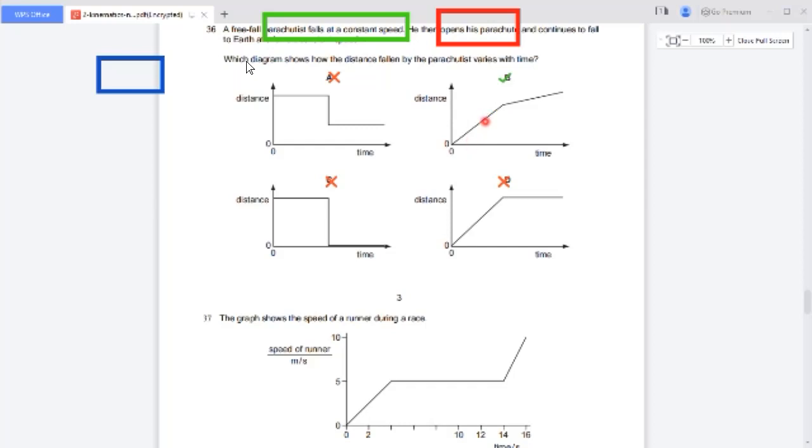Then he opens the parachute. When the parachute is opened, the speed decreases, but the object would be continuously in a state of motion, it will continuously travel some distance, so the distance will increase.